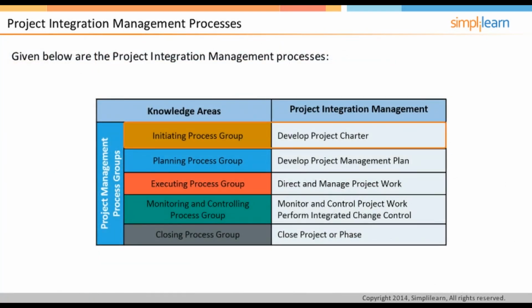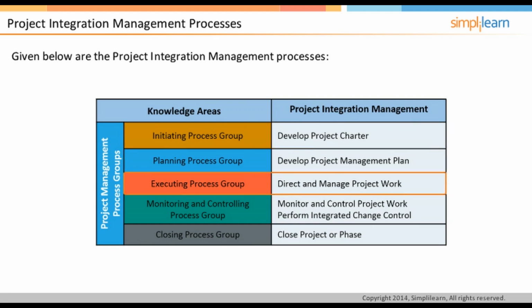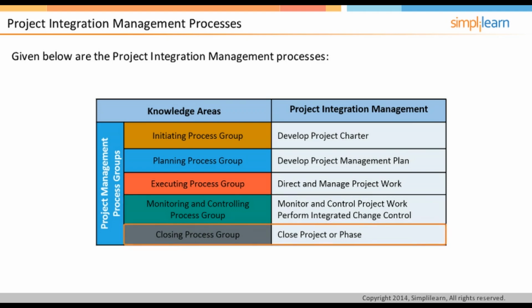They are the Develop Project Charter, done in the Initiation Process Group, Develop Project Management Plan, undertaken in the Planning Process Group, Direct and Manage Work Carried Out in the Executing Process Group, Monitor and Control Project and Perform Integrated Change Control, undertaken in the Monitoring and Controlling Process Group, and Close Project or Phase done in the Closing Process Group. Let us look at each of these processes in detail.